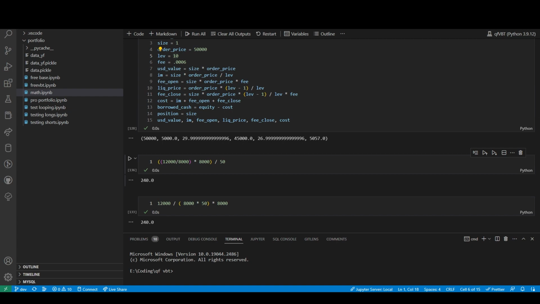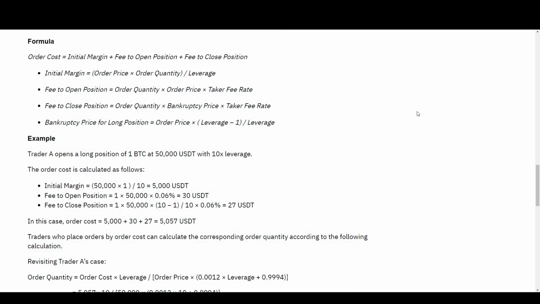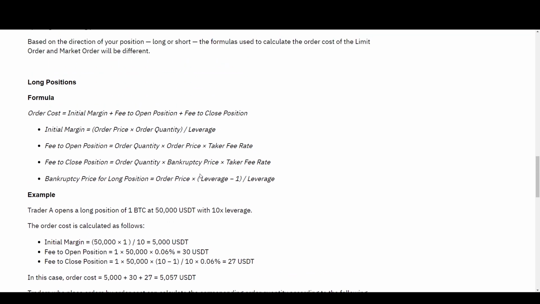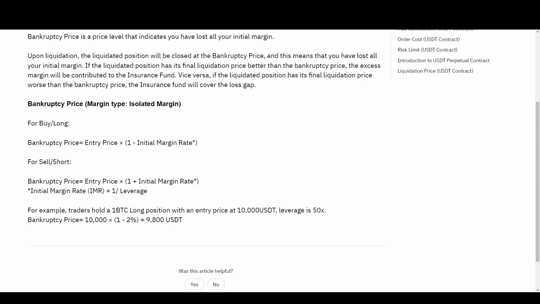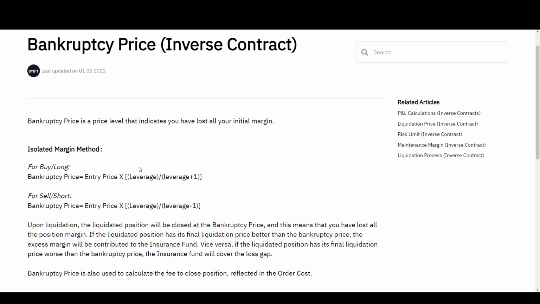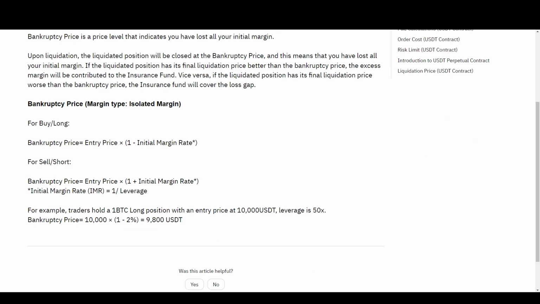Oh boy. So I guess that's where this bankruptcy price comes into play, why they are different. But that still doesn't really make any sense, because all we're dealing with is entry price times 1 minus initial margin rate. Why is the bankruptcy different?